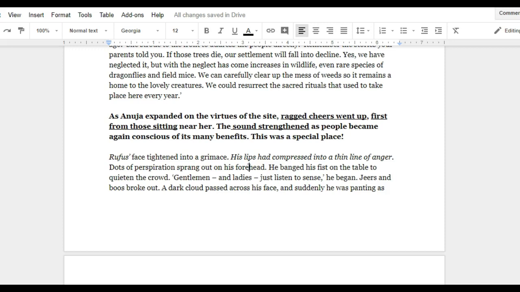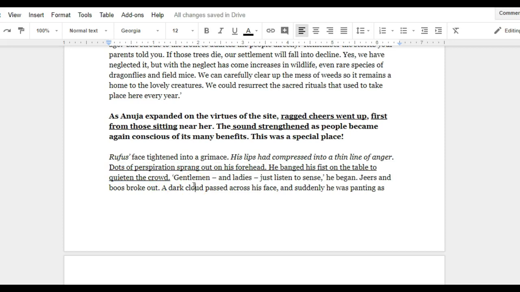And we can see that change through this description here that the writer's using. So I'm thinking, why this here now? And it's really to show us Rufus is changing emotions, that he's changed from this confident showman, this slick sales talk, to now being angry at Anuja's interruption. And all of this detail just helps support that idea.